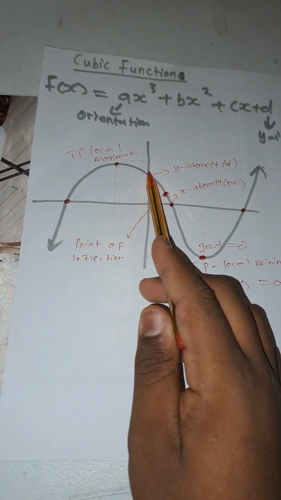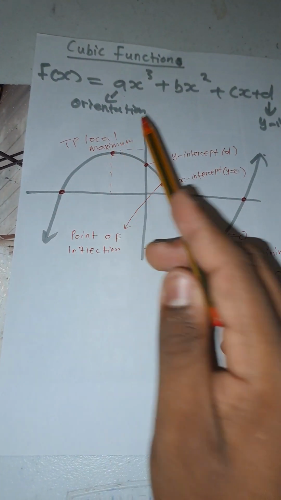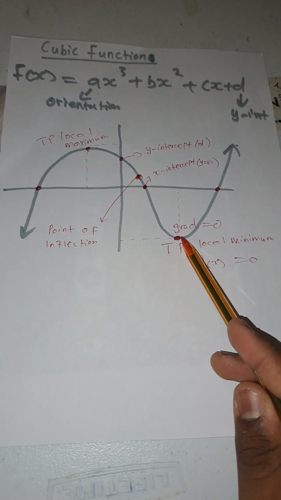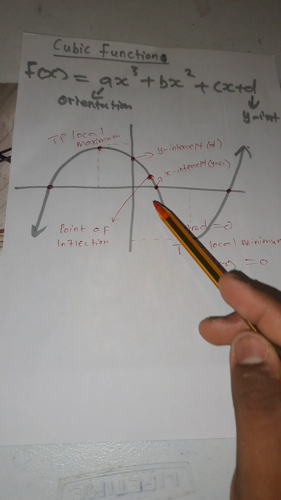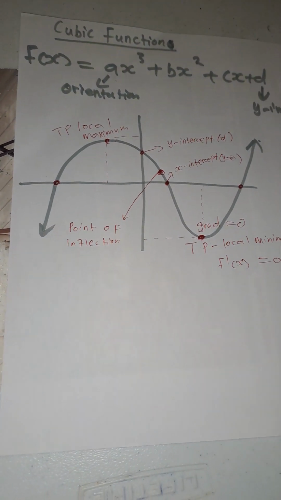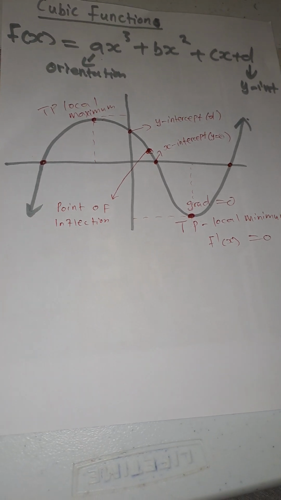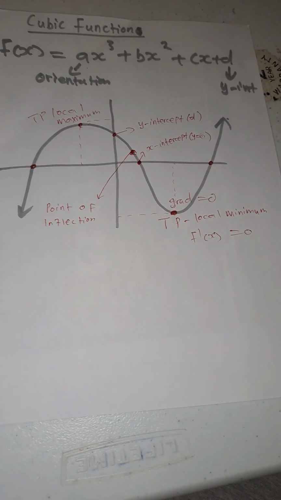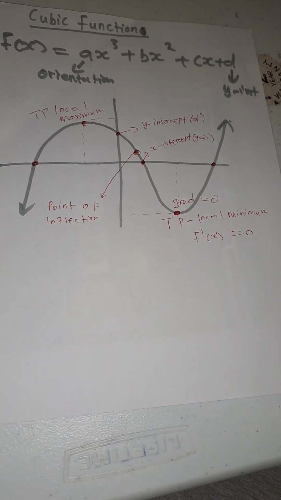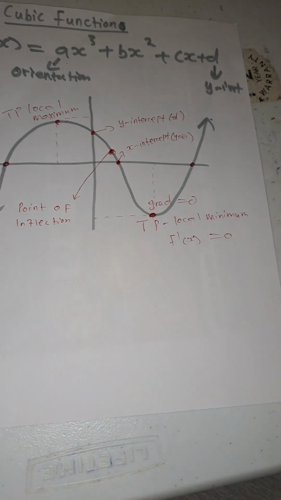This is my y-intercept, my x-intercepts, the turning point which is the local maximum, and the turning point which is the local minimum. Then this is the point of inflection, where the graph changes its concavity, meaning it goes from concave down to concave up, or from concave up to concave down. Okay, so let's get on with the work.